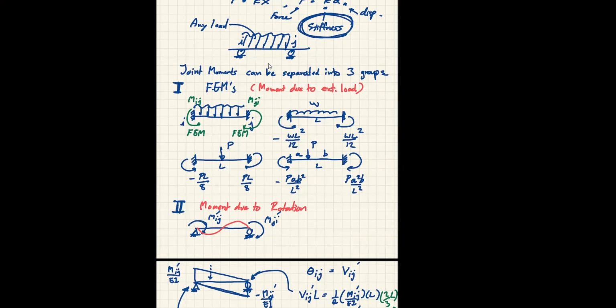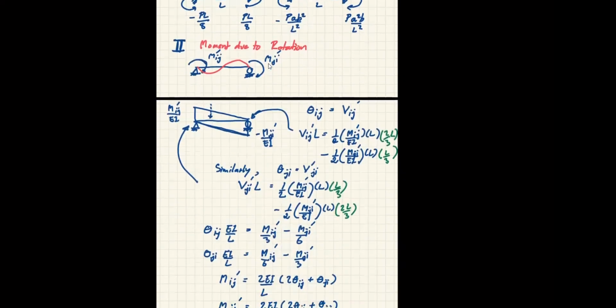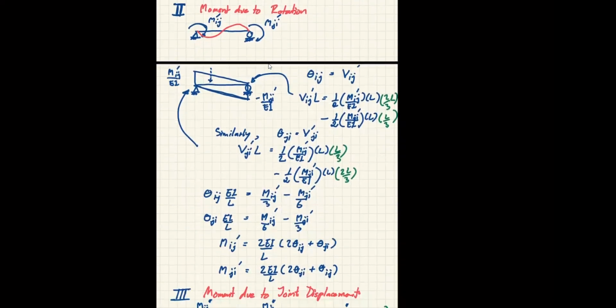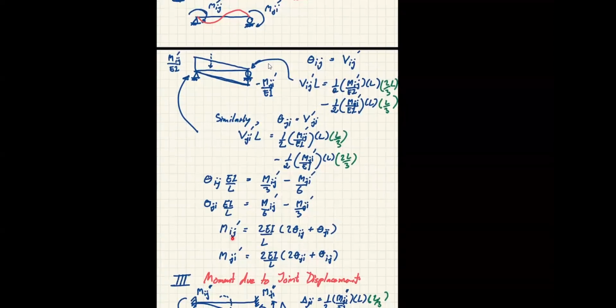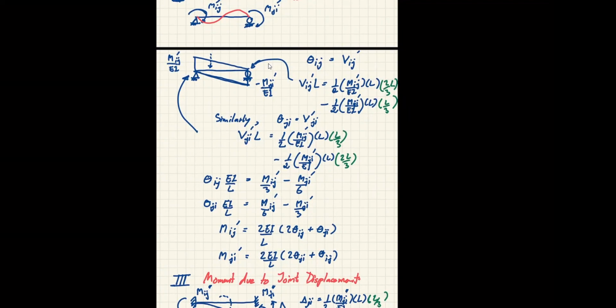The second one is moment due to rotation. Now, after the derivation of this, we now have the relationship between the moment that is caused by rotation. You can see the relationship of the moment at one end will depend on the rotation at both ends.